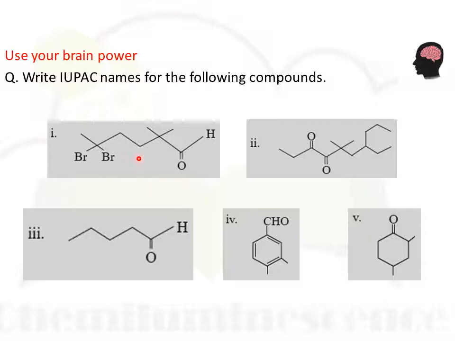And we know that the name of an aldehyde is written by replacing the E of alkane with Al, that is alkanal. For writing the IUPAC name of this compound, first give a numbering to each and every carbon because it is a substituted aldehyde, the alkyl part of this aldehyde is substituted, because at this carbon 2 bromines are present, and at this carbon 2 methyl groups are present.